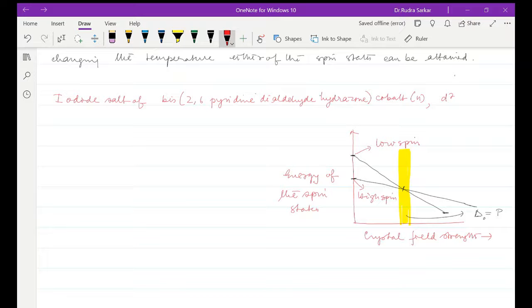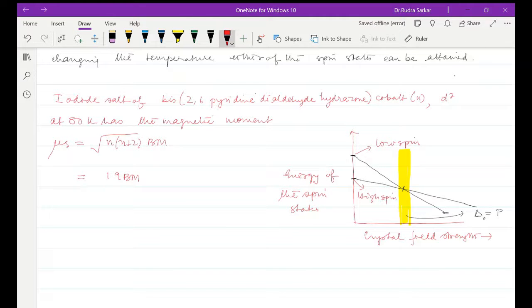Okay. At 80 Kelvin it has the magnetic moment, that is the mu s value, which is given by the square root of n into n plus 2 BM. This is around 1.9 BM.